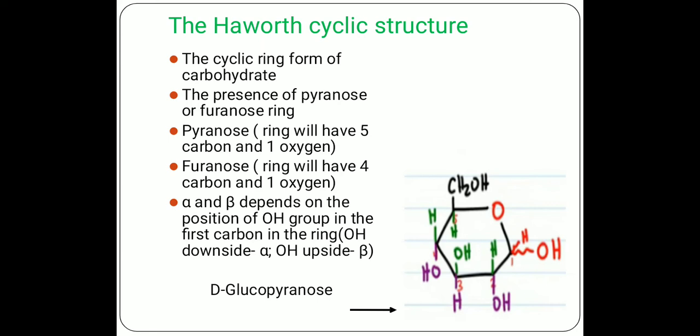If the OH group is present downwards, then it is alpha, and if the OH is present upwards, then it is beta form. The D-glucopyranose form is depicted there.